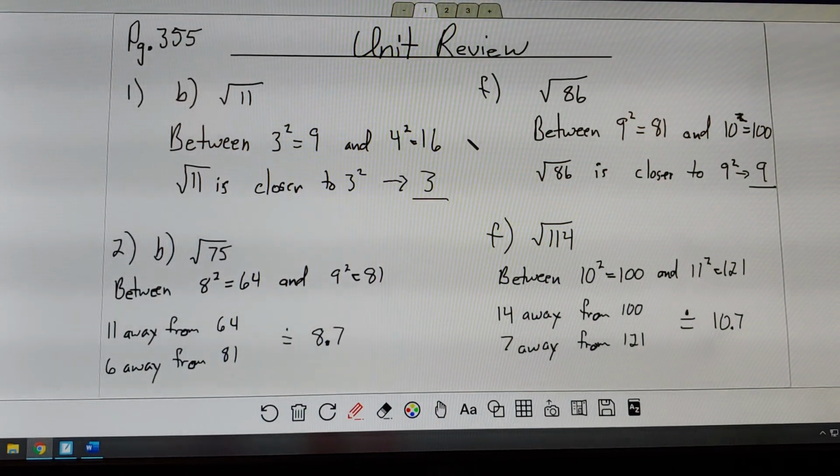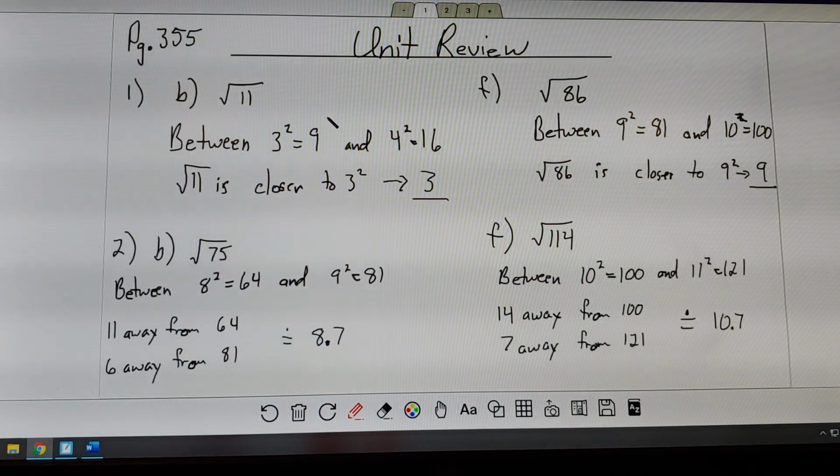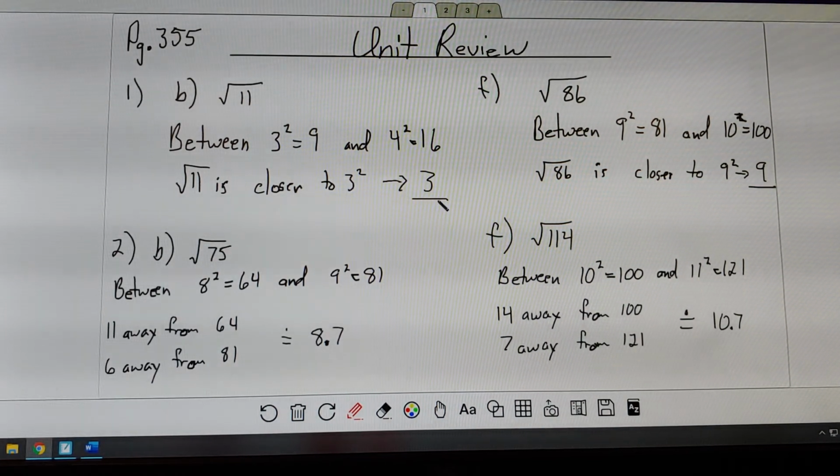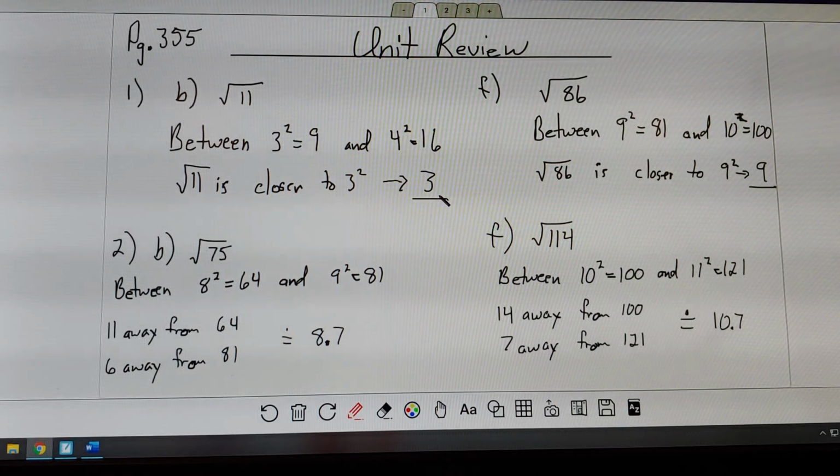And 11 is between 9 and 16. So we know that square root 11 is going to be somewhere between 3 and 4. Since 9 is closer to 11 than it is to 16, square root 11 is going to be very roughly 3. That's all they wanted for 1. It's just, which one is it closest to?